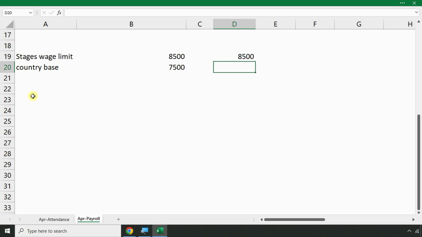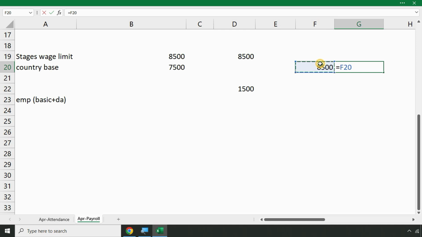You need to compare that with the employee's basic plus DA. Out of these two, whichever is lower, on 8,500 the bonus at 8% will be calculated. You got my point?